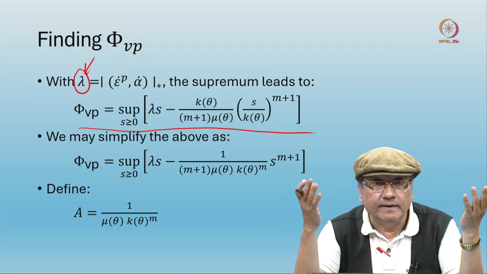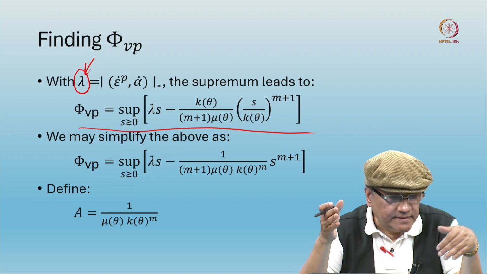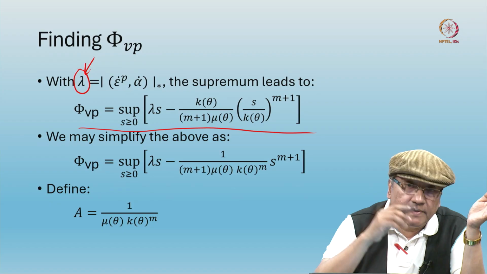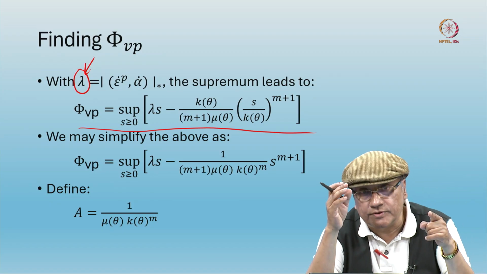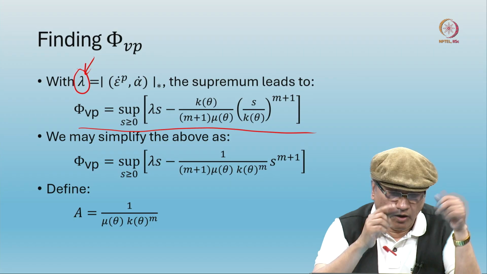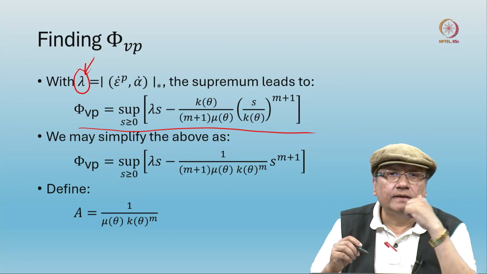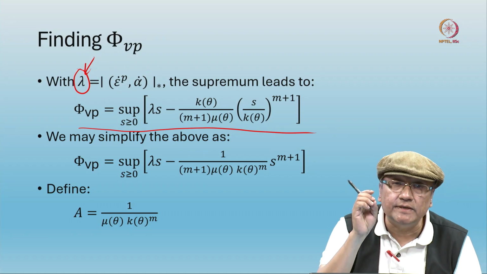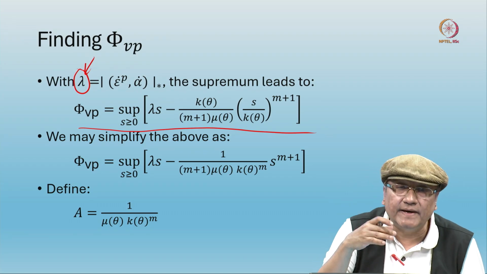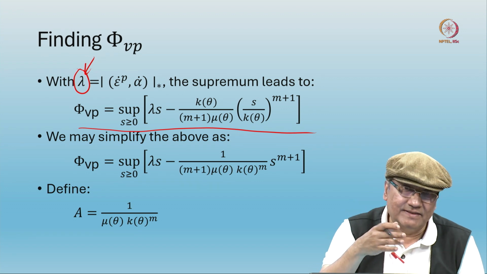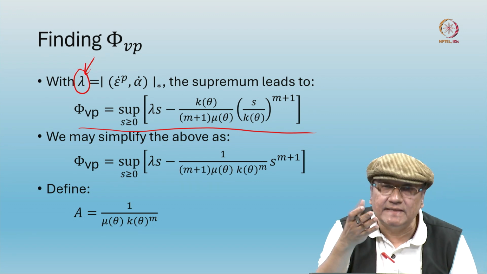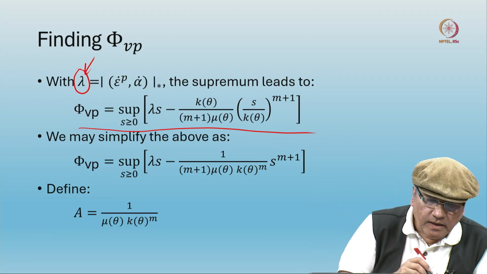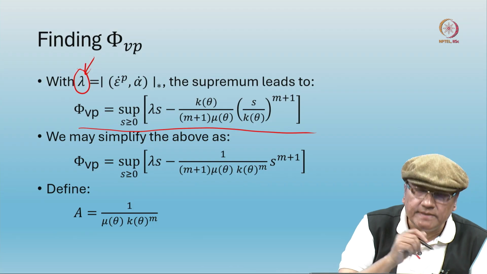After doing the supremum, the left hand side phi Vp will not depend on S anymore. So the supremum is over all S greater than or equal to 0, because it is the overstress, of this quantity. What we wanted to do is to reduce the complexity of my minimization. I could have easily done even that complex minimization, but this becomes easier. Now, this is a much easier problem.